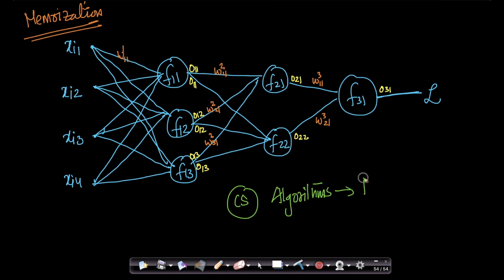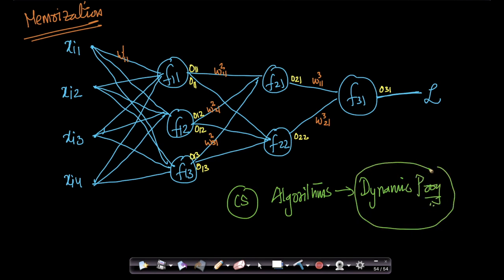In this subject, you will come across a concept called dynamic programming. Dynamic programming is a super powerful, very neat algorithmic technique. At the core of dynamic programming is this idea of memoization.